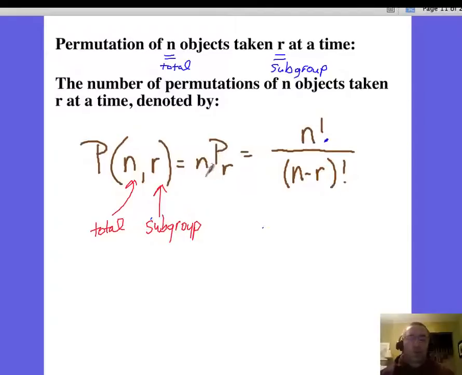And the formula is going to be nPr, which is n factorial over n minus r, and then take the factorial of that. Got it? So this is on our formula sheet. No need to memorize, but you do have to be able to use it. So let's take a look at that.